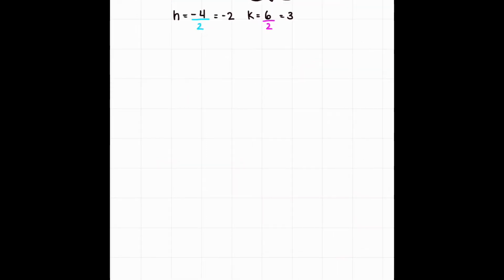So now that we know what h is, we can plug it into the above equation here. And now that we know what k is, we can plug that in.